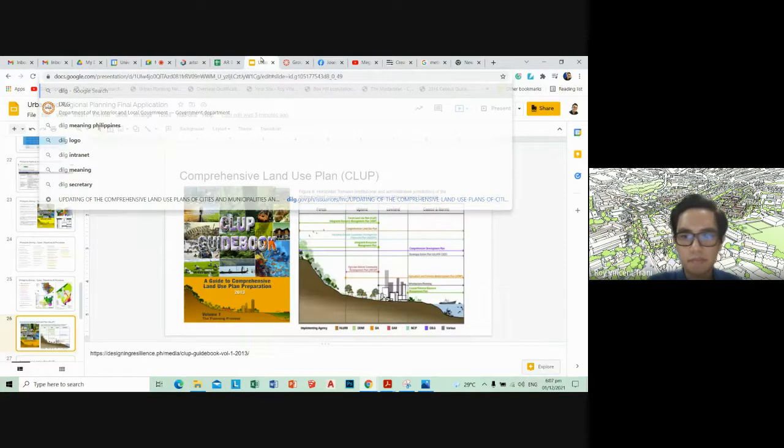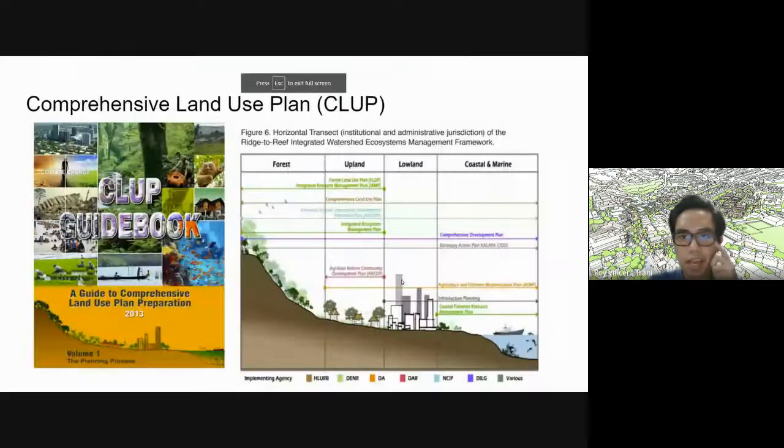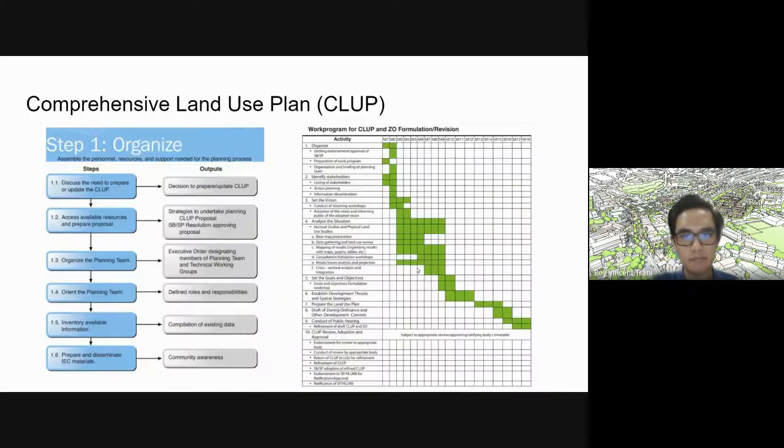So yeah, several plans, and the comprehensive land use plan is supposed to combine all of these plans to create what local government and citizens need to do to maintain and create sustainable communities.